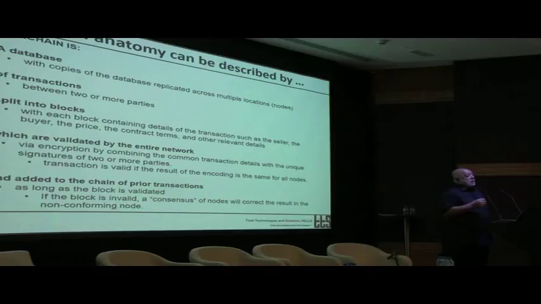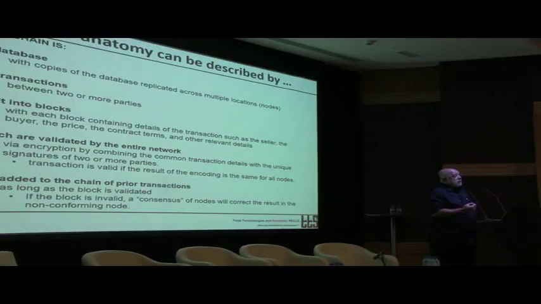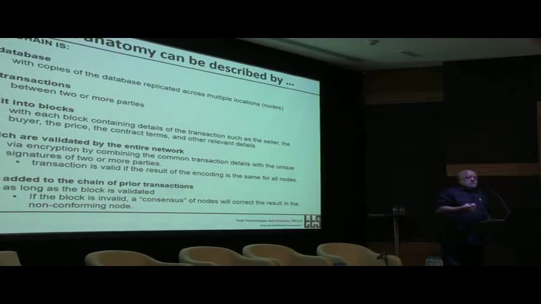The blockchain anatomy. We describe it as a database of transactions split into blocks of data, which are validated by an entire network and added to the chain of prior transactions. This entire network can be a minimum of 3 nodes, as Tobias pointed out, because even if it's implemented individually in a company, you still need the validator node to make this make sense.